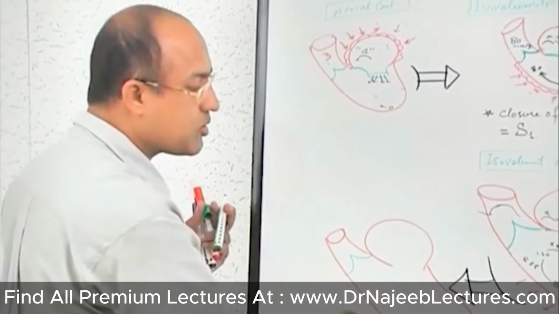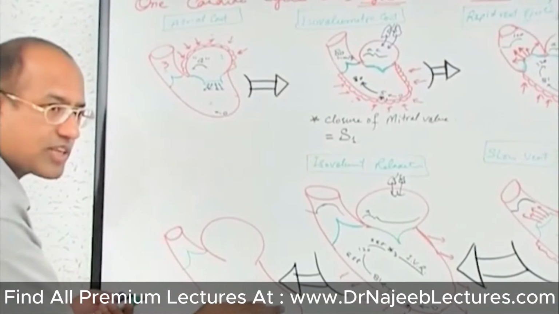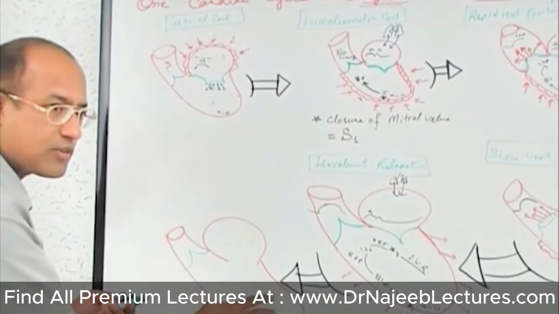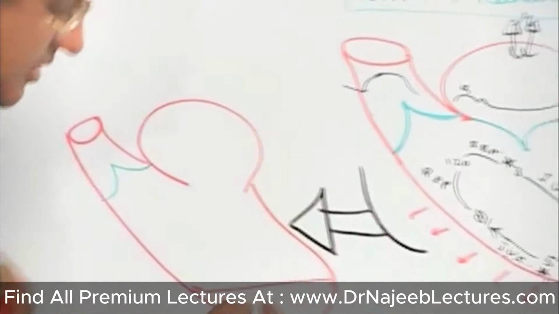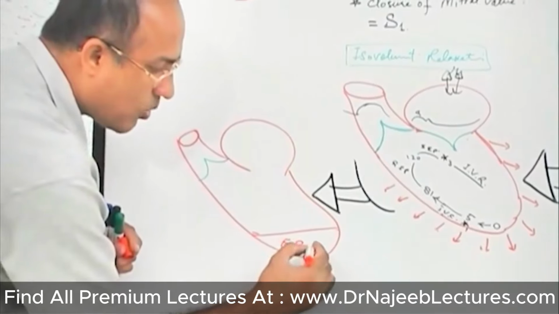Meanwhile, the ventricle is relaxing, and pressure in the ventricle has become less than atrial. But the ventricle still had some blood left over after the previous ejection, and this blood left within the ventricle is called end systolic volume.